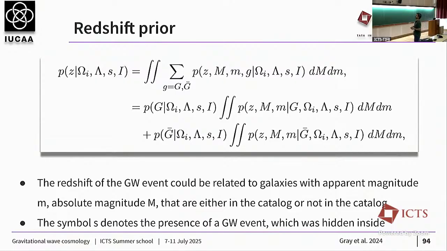Let's see how we can write this down. So there is a P of Z, M, and G, given some information.